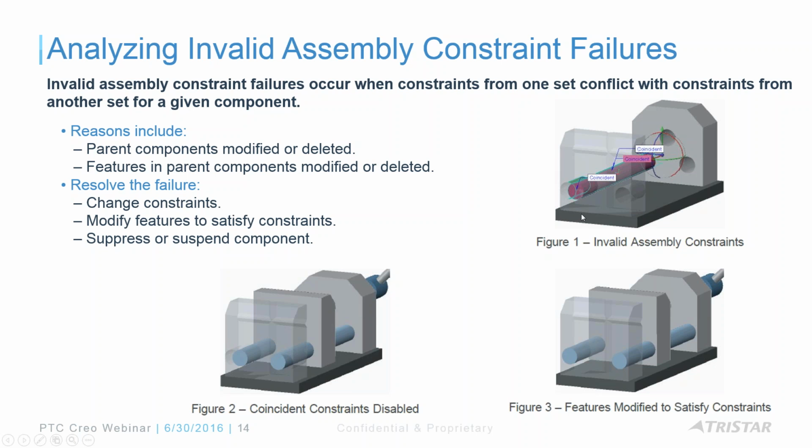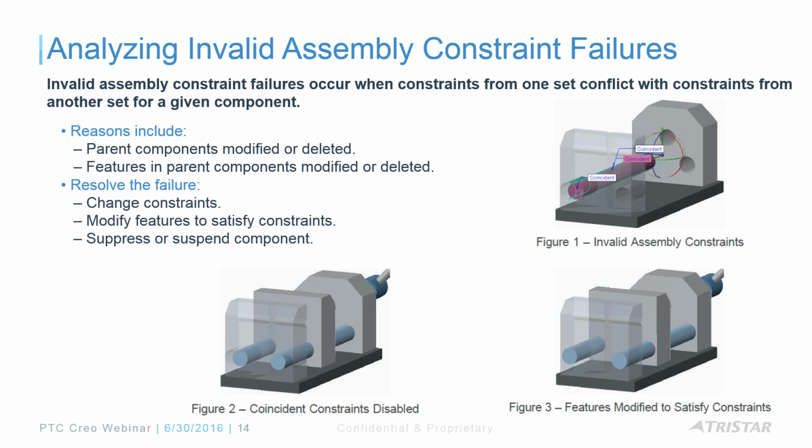They're conflicting with one another. So we have to do something to resolve them: either constrain the component differently, or modify the components so that the constraints are valid again, or maybe even suppress or suspend the component, or even freeze the component. These are some of the options we have.